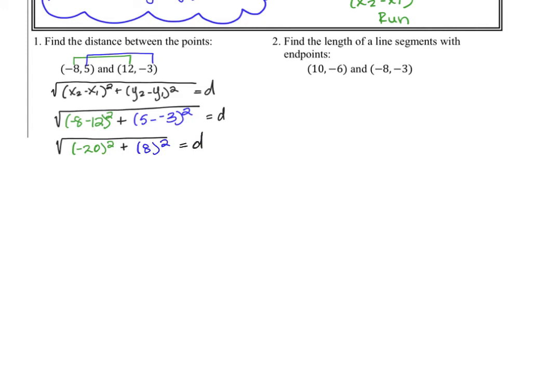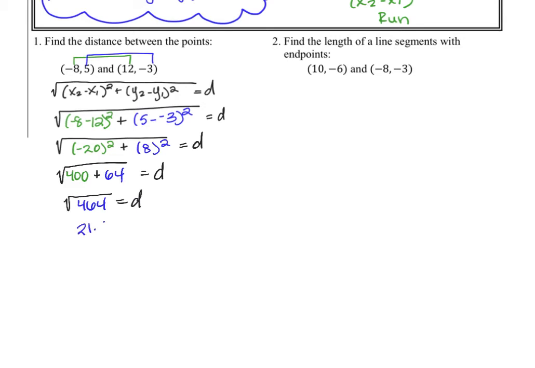And then -20 squared is 400. 8 squared is 64. And then if I add those two together, I get 464. And then if you take the square root, we're going to round to the nearest tenth.